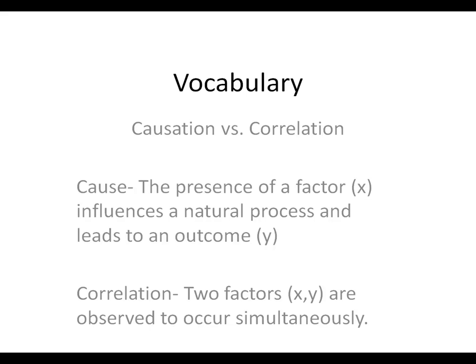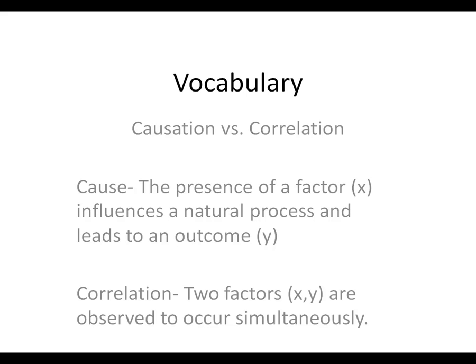In correlation, you have an individual and there are two factors associated with that individual thing. The observation is that they occur simultaneously.